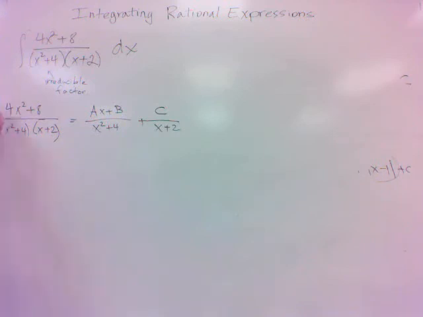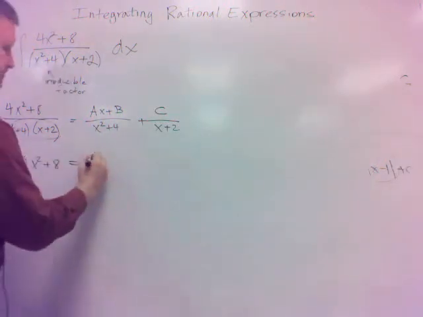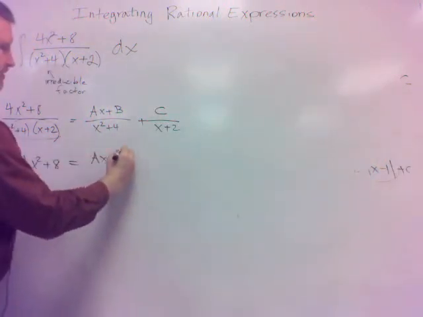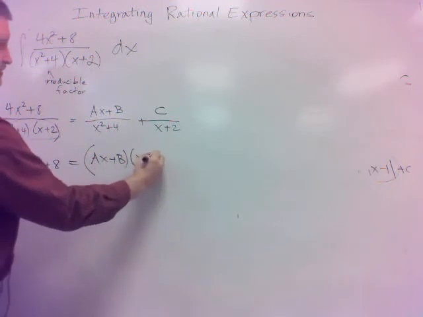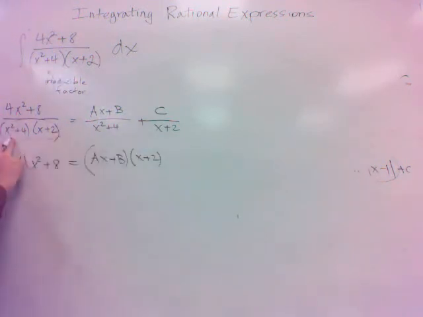Okay. So I multiply both sides by x squared plus 4 times x plus 2, so we get 4x squared plus 8 here. And I'm not sure what's going to happen over there. Well, the ax plus b is going to be multiplied by x plus 2, because the x squared plus 4 cancels.